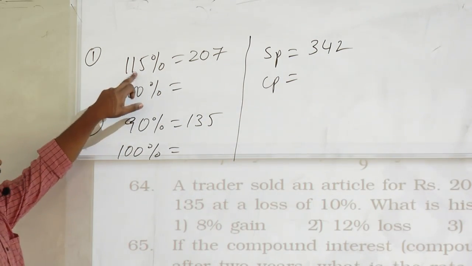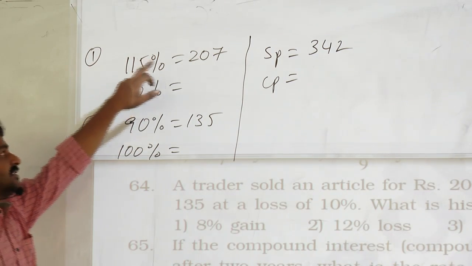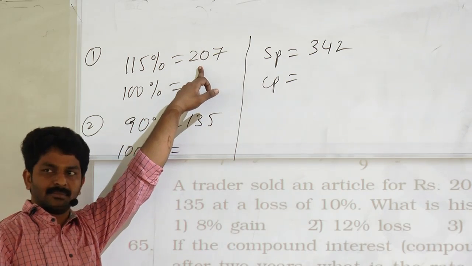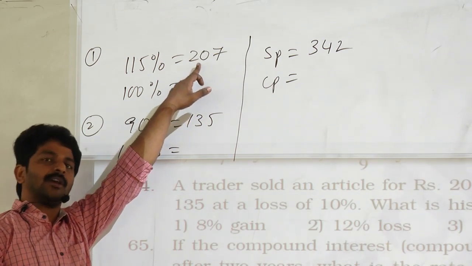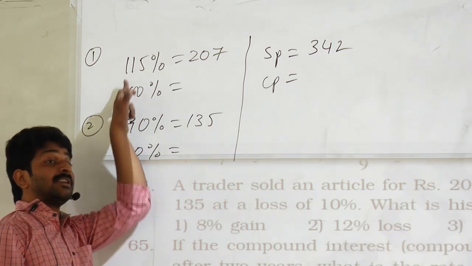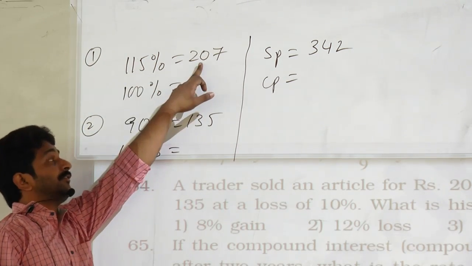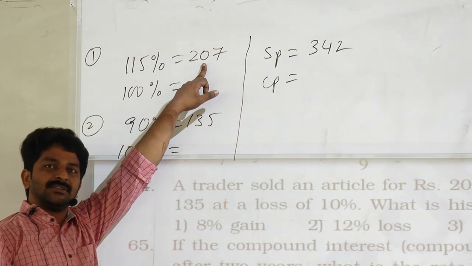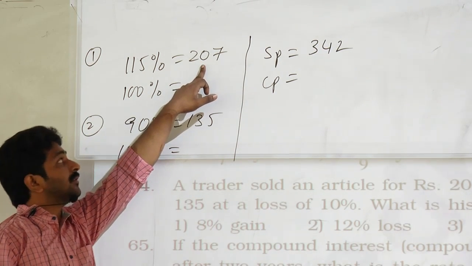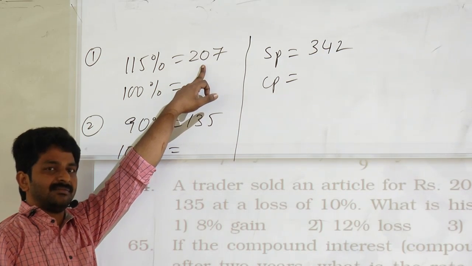Now, 115% is equal to 207. For the time being, let it be 210 or 200. This is 15% more than the cost price. 15% of 200 is 30. Just subtract 30 from this number, 177.